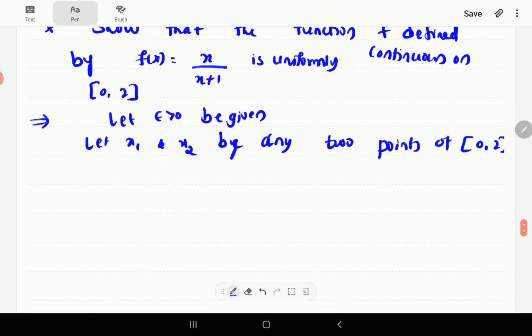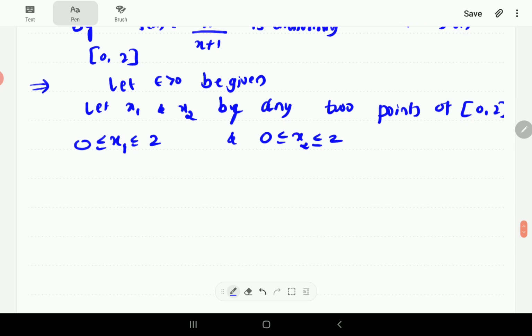So x lies between 0 and 2, whichever points you are taking: x1 lies between 0 and 2, and x2 also lies between 0 and 2. Now this implies, let me add 1 on both sides. This will be 1 less than or equal to x1 plus 1, which is less than or equal to 2 plus 1, that is 3. Similarly here also I'll add 1: 1 is less than or equal to x2 plus 1, which is less than or equal to 3.